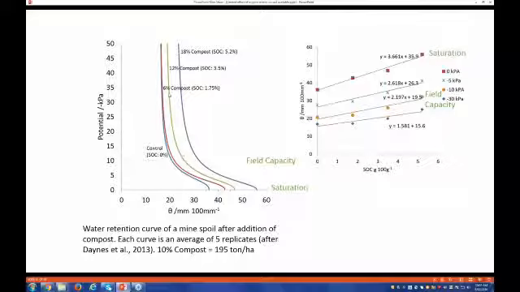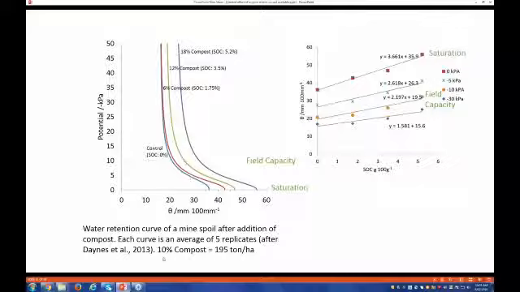The green line is when they add 12% of compost. That's a lot of compost. And the purple line is when they add 18% of compost, which increases carbon to 3 to 5%. Only when you add 12% to 18% of compost can you see a marked difference in the water content at field capacity.